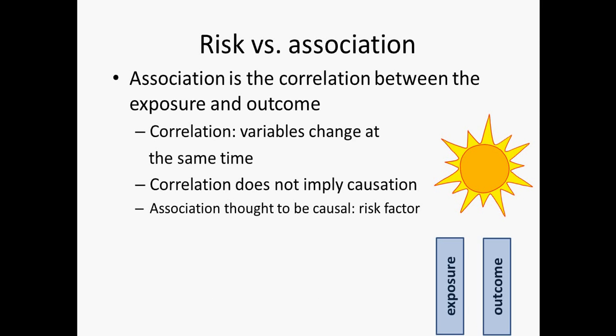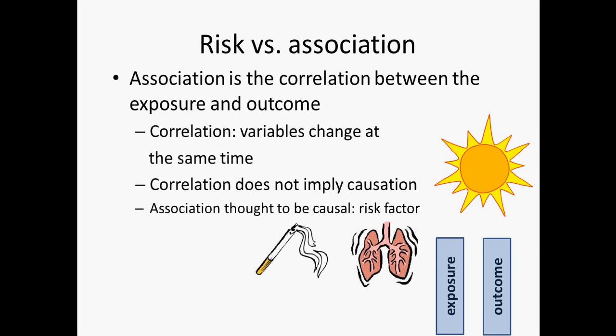So, for example, if we talk about smoking and lung cancer, smoking is our exposure and lung cancer is our outcome. Now, the question is whether smoking causes lung cancer. So, measures of association which are used to study these relationships, whether it is association or causation, are going to be discussed in the next slides.